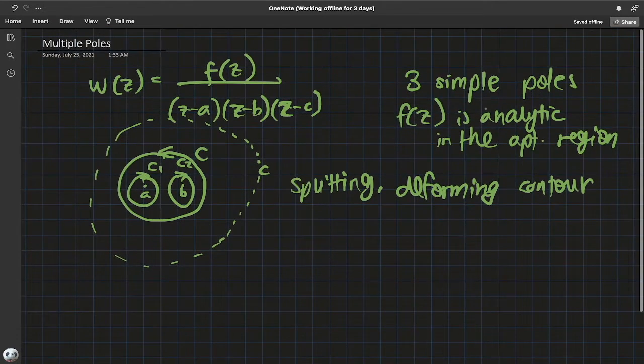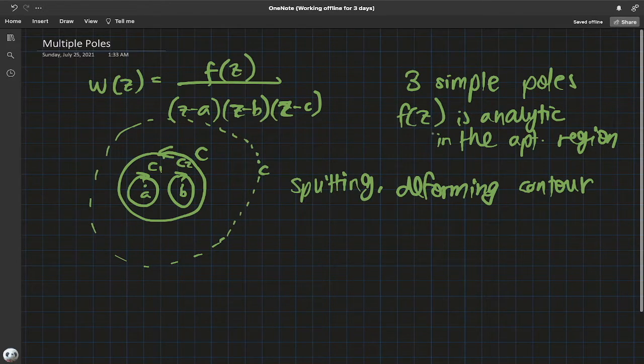And the appropriate region is this annular region between C1 and the dotted boundary of C, and also the region between C2 and the dotted boundary. That's the region where we expect f of z to be analytic.